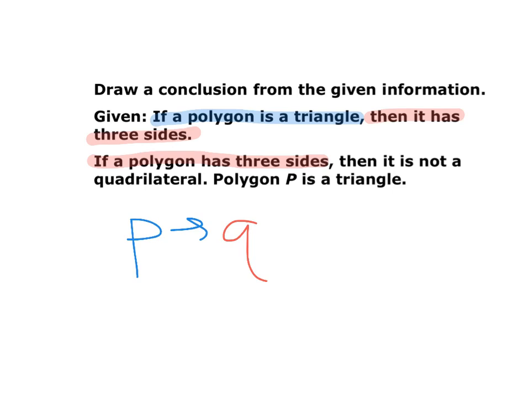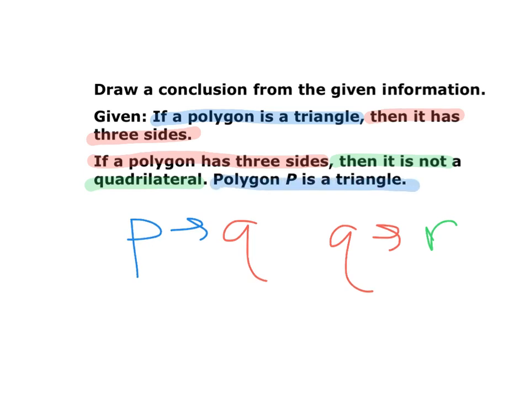So now we have Q, then it is not a quadrilateral. Have we seen that one before? No. So this would be our R. So now it says polygon P is a triangle.